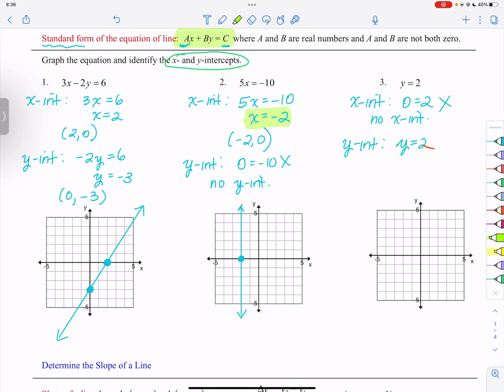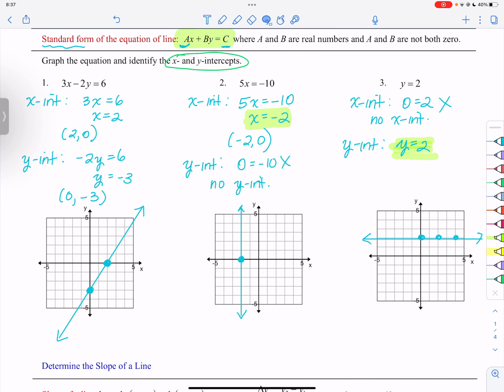Again, this can be a little bit confusing because we could have just said y is always 2 from the very beginning. So if y is always 2, there's a 2, there's a 2, there's a 2 for a y value. As you can see, we come up with this line. This needs to be moved up just a little bit.